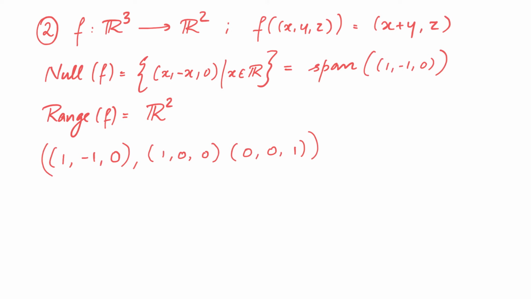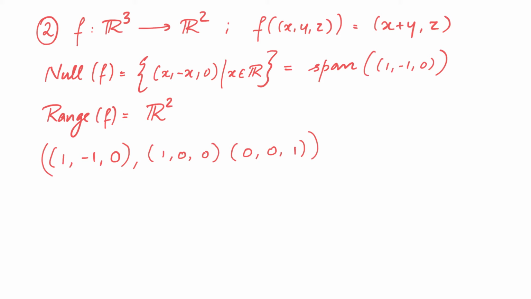In other words, this vector spans the null space and these vectors span the range of f, and all these vectors together span R3. And this is exactly the reason why the dimension of R3 is equal to the dimension of the null space plus the dimension of the range of f.